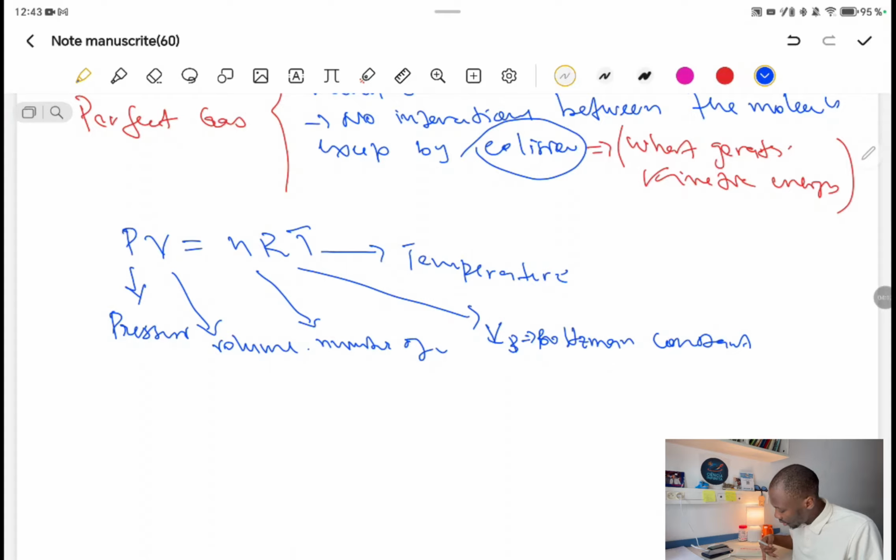So if you use here the Boltzmann constant, the formula becomes PV equal to N kB T.